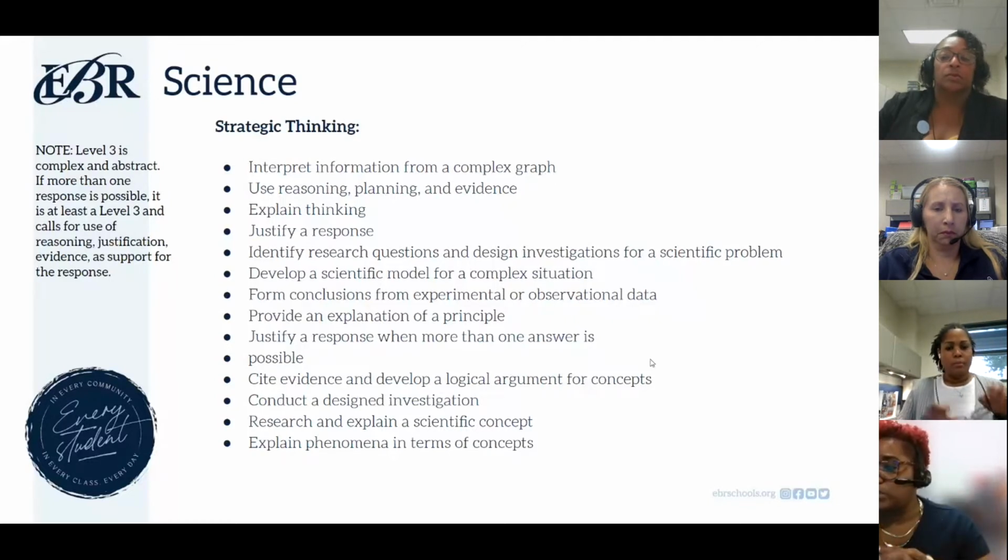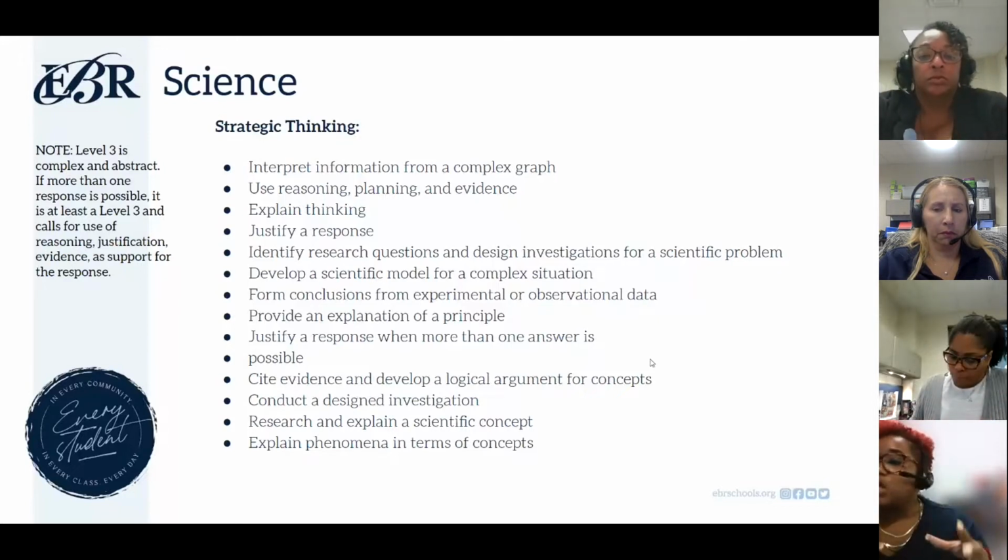Identifying research questions and designing investigations. We're looking at forming conclusions from experimental or observational data. So I may have collected the data and given you the data, which would be in that level 2, but now being able to explain and give conclusions based on that data is taking me into DOK level 3.